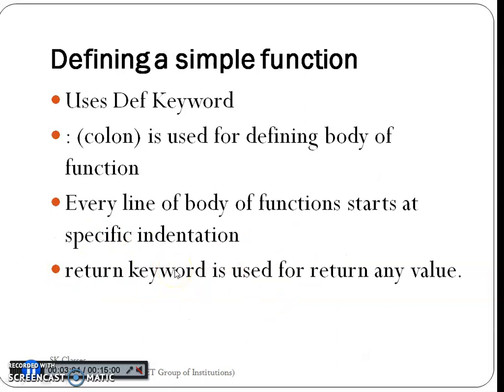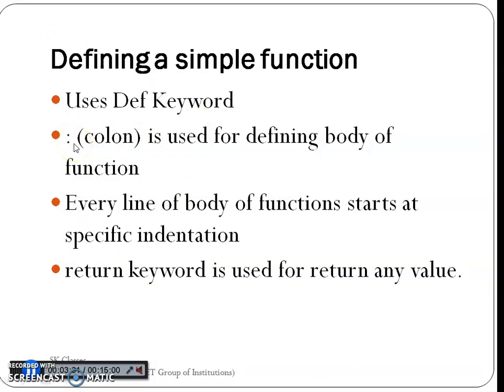Now, how do we define a function in Python? The thing which differentiates it from other programming languages is that we need to use a keyword in this case, and that keyword is the def keyword. We need to use def whenever we are going to define a function. After that, we give the name of the function, then we provide the parenthesis like given here, and after the parenthesis we apply a colon.